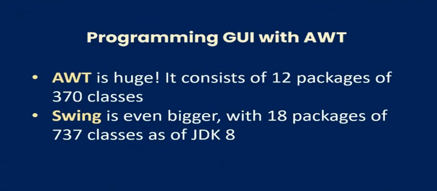AWT is huge, consisting of 12 packages of 370 classes, and Swing is even bigger, with 18 packages of 737 classes as of JDK 8.